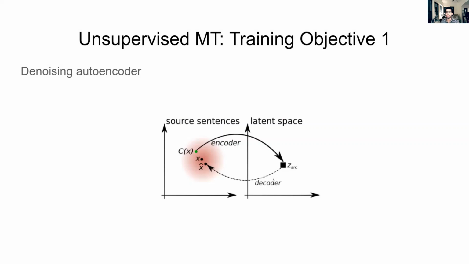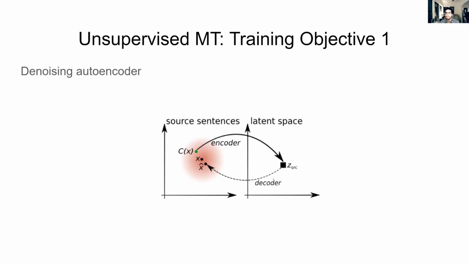The first thing you need to train this model to do is generate fluent language. That is done through the denoising autoencoder objective, which is one of the 4 concepts that I discussed in the outline. So you start with a sentence in your source language, and you add some noise to it. You can swap the words, drop the words, add some words, or switch out words.